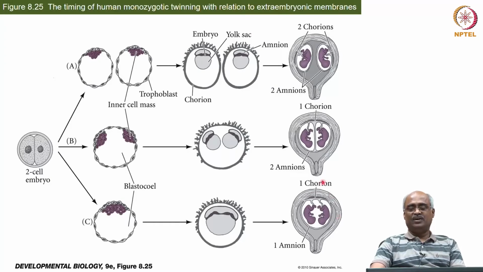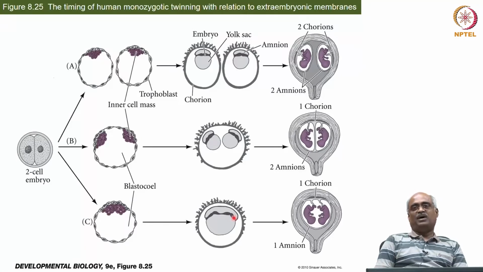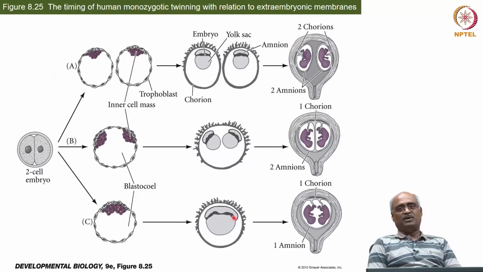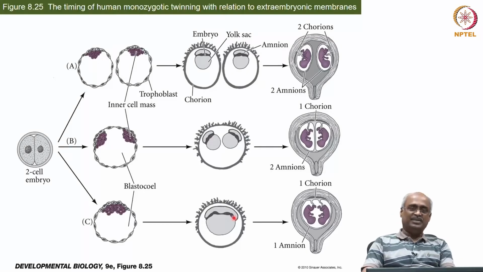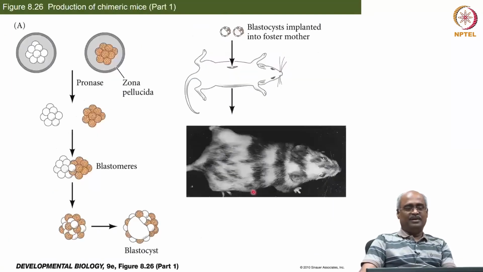So these sort of twinning during embryonic development unequivocally establishes the pluripotency of the inner cell mass cells. At all these stages the cells are capable of forming an entire embryo. So if splitting is possible, then mixing also should be possible, right? And that is what is illustrated in the next slide.